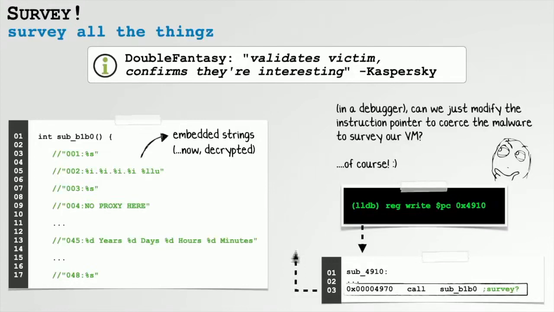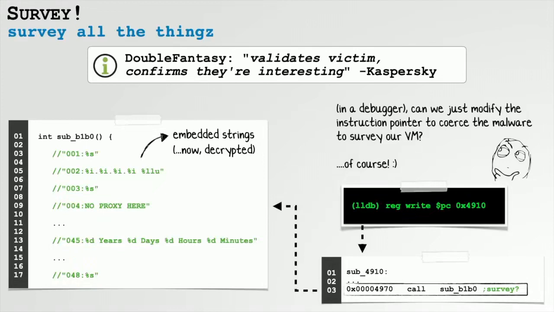Now, as Kaspersky mentioned, the main goal of Double Fantasy, the Windows version, is to validate victims and confirm that they are interested. Looking at the decrypted strings, we saw a lot of strings that appeared to be related to survey logic as well. We see these sequential strings starting at 001, going up to 48, and some of them decrypt to values that appear to indicate a survey.